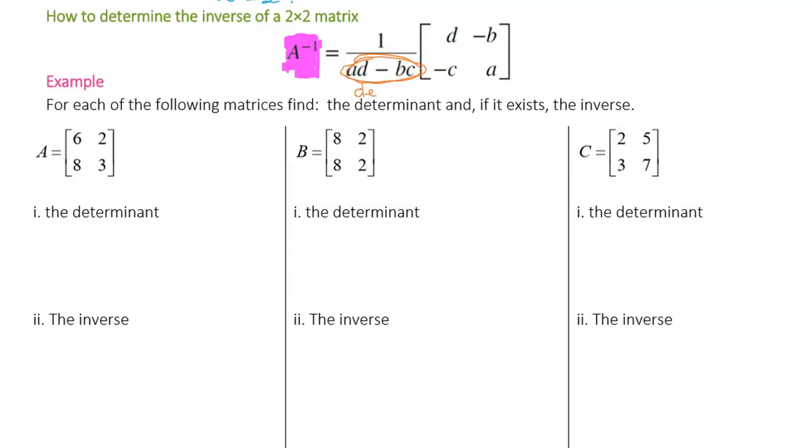Okay, so this here is our determinant. And that determinant is going to be 1 divided by the determinant. And that is going to be a scalar multiplication of the matrix. Now you'll notice here that our A and D have switched places.